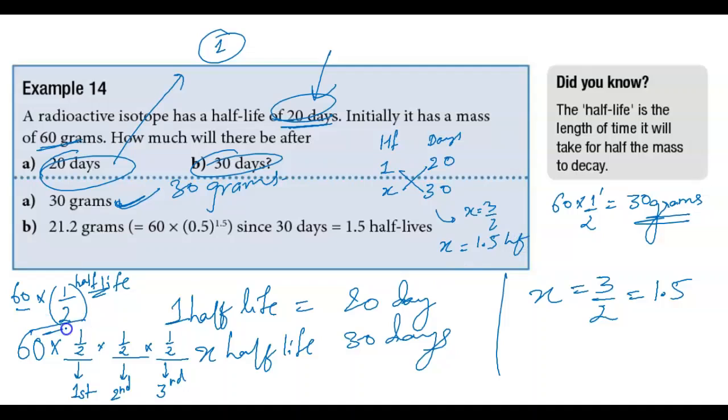And we can use this relation: 60 into half raised to power number of half-lives. 60 into half raised to power 1.5, and that will give us 21.2 grams. I hope this is clear, children.